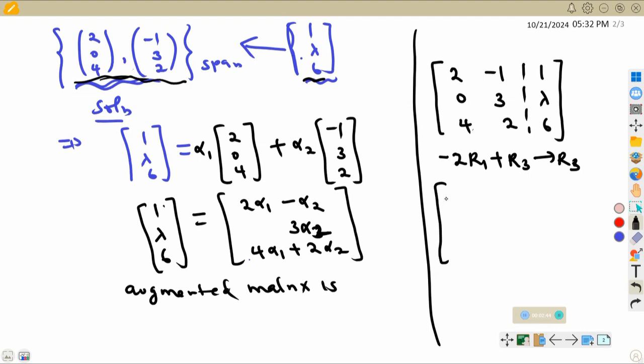So for that case, we shall have 2, negative 1, then 1, we shall have 0, 3, and this is lambda. We shall have this one here, as negative 2 times 2 will give us negative 4, plus 4, it will be 0.